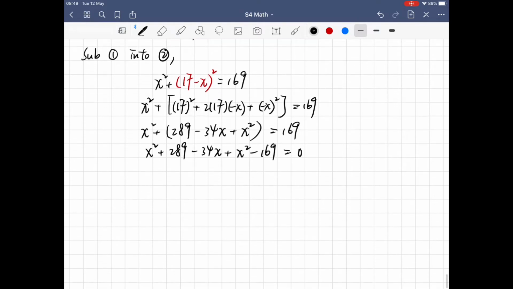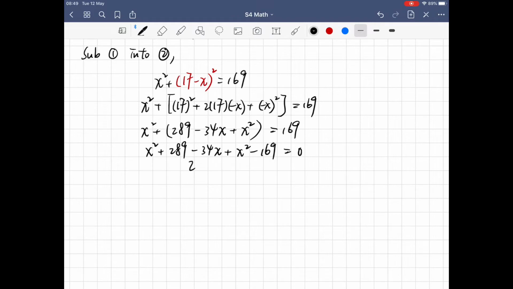And then we can do the simplification. 2x squared minus 34x, and then plus 120 equals 0. And then I will divide both sides by 2 to further simplify the equation. Okay, x squared minus 17x plus 60 equals 0.